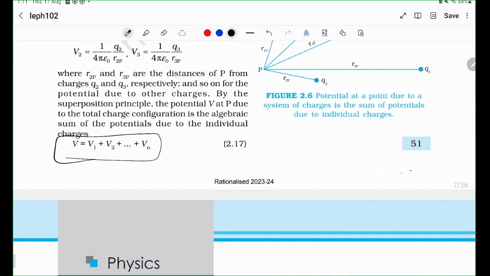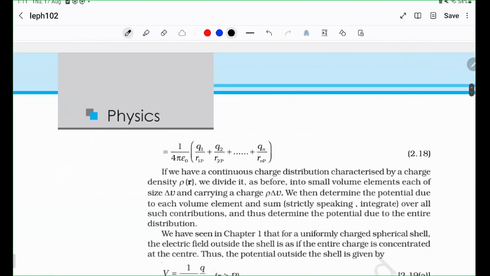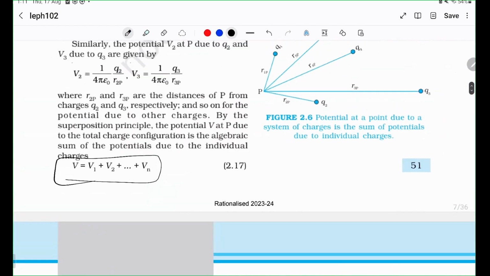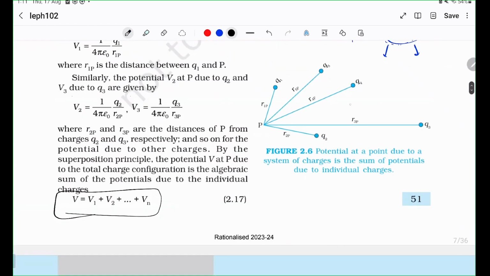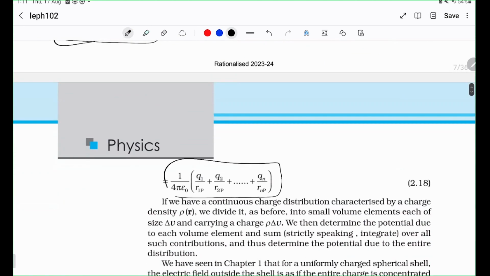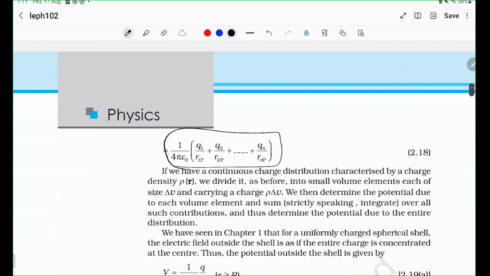All of that is not to be considered here, and that is the major advantage of doing this. So because every charge distribution can be broken down into multiple point charges, we just simply write this. So this is V1, this is V2, this is Vn, and you simply add all of it.